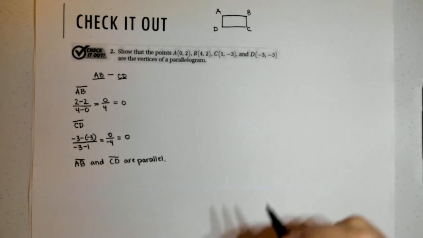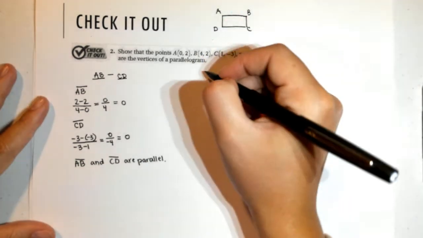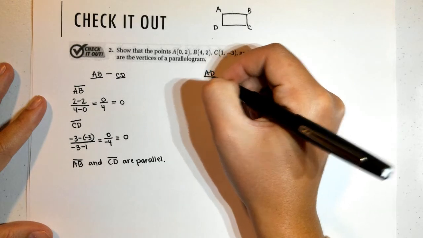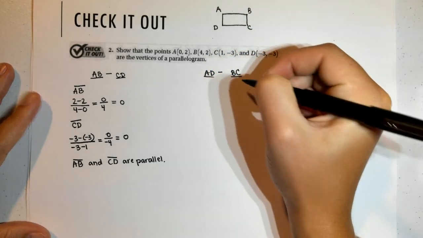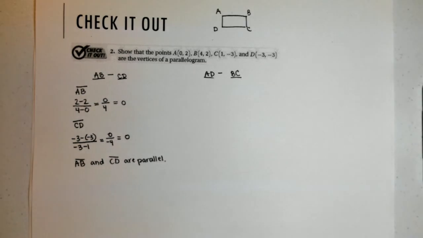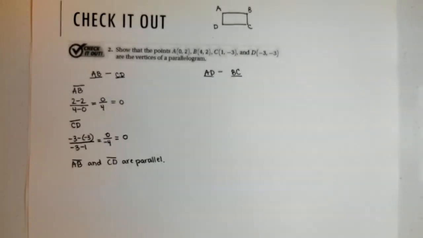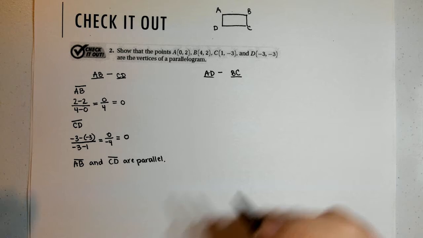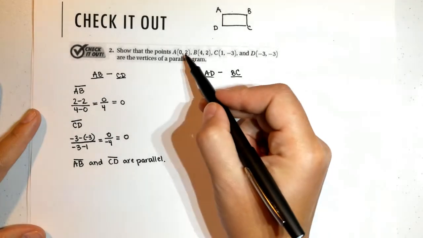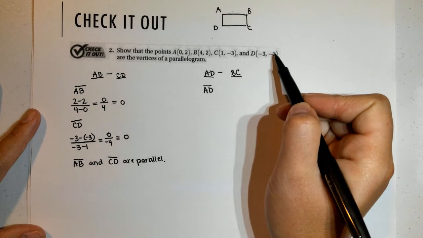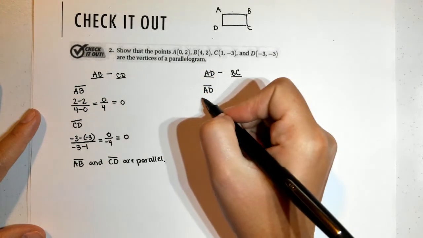Now I need to look at my other set of points. So AD and BC. So we have to see if those two sets of sides are parallel. So starting with line AD. So my y values, I have negative 3 minus 2.